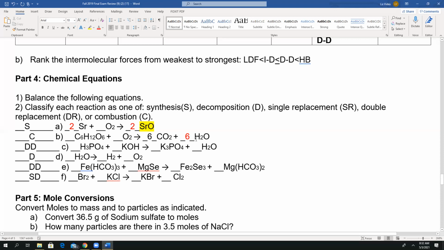And if you look, the first 6 gives me 6 oxygens, right? That second one, let me write these down. That first oxygen, so 6 times 1 is 6, and 6 times 2 is 12, gives me a total of 18, right?